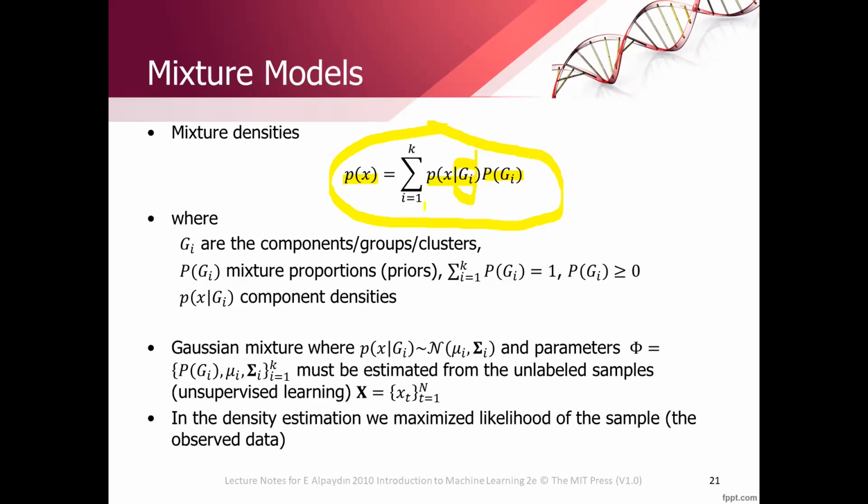Of course, we need a model for one cluster, and usually a Gaussian normal distribution is used. So we suppose that the probability that we observe X, if we know that it belongs to cluster I, can be described by a normal distribution with some mean mu sub I. And what is sigma I?